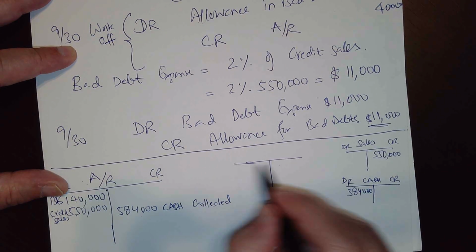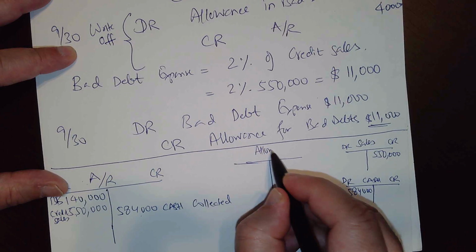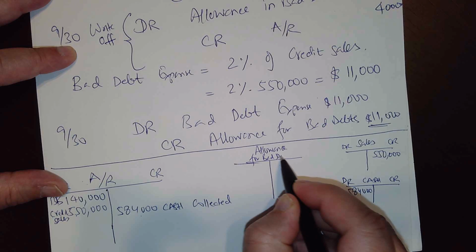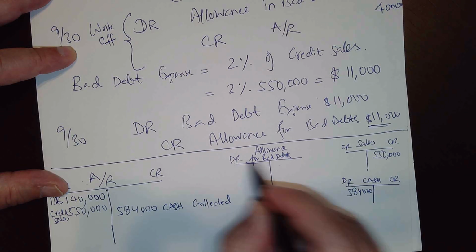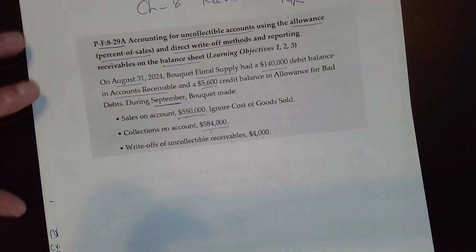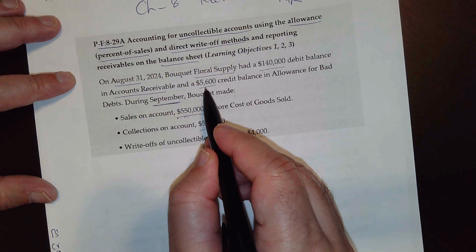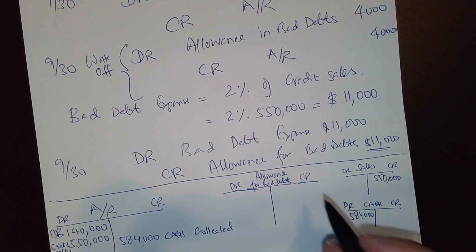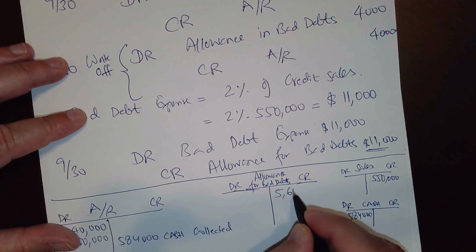This is our allowance account, allowance for bad debts, debit and credit. It has a beginning balance, according to this question, of $5,600 credit balance, so we just put the $5,600 over here.